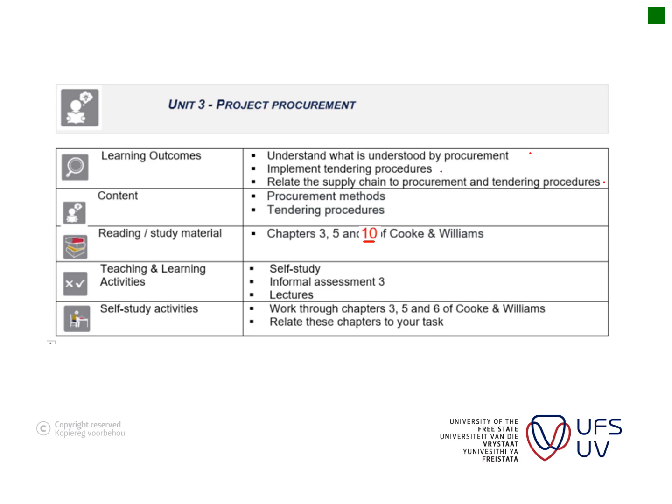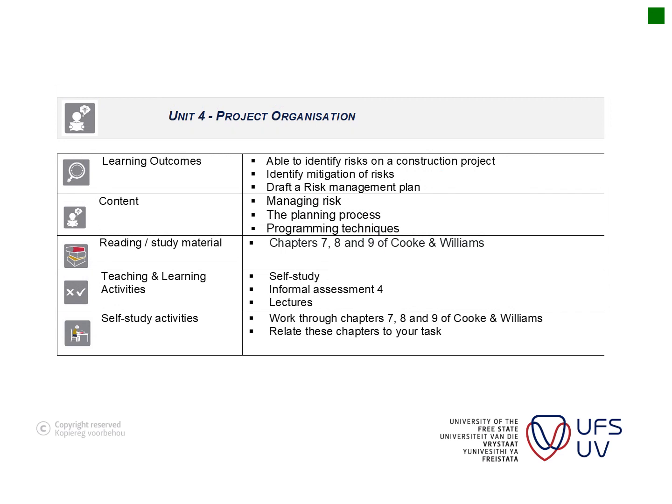Getting to unit 4, your learning outcomes. You must be able to identify risks on a construction project, identify the mitigation thereof, and draft the risk management plan. From our previous lecture, you would recognize many of these items.